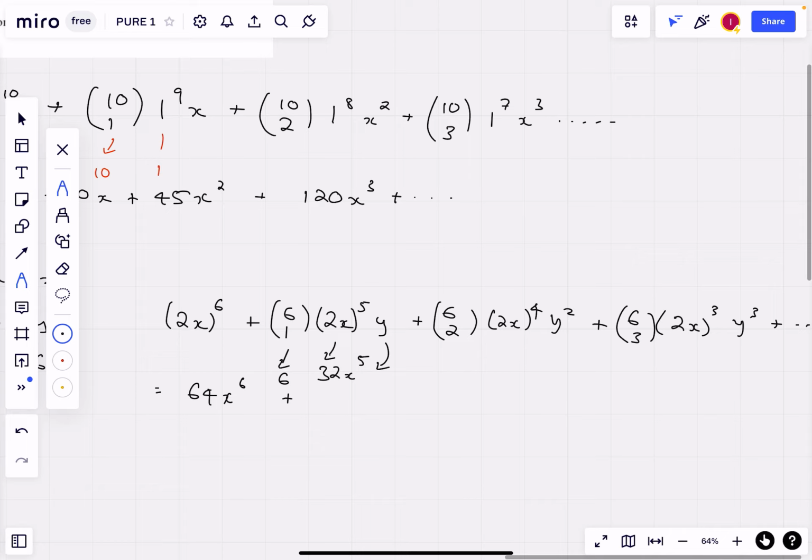So 6 times 32, 192, x to the power of 5, y. Okay, using that same process for the next one, 240, x to the power of 4, y squared, and then 160, x cubed, y cubed, and then so on. But there you go. That is how you use the binomial expansion.